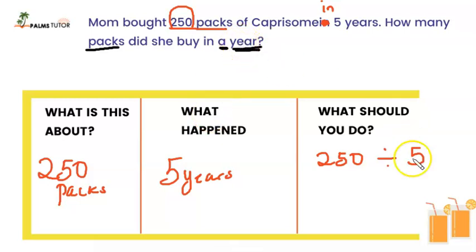So we have 250 divided by 5. And this should be your knowledge of division. 250 in 5 places will give us 50 packs. So that means that in 1 year, she bought 50 packs. And that is why in 5 years, she has managed to buy 250 packs of Capri-Sun. Okay?